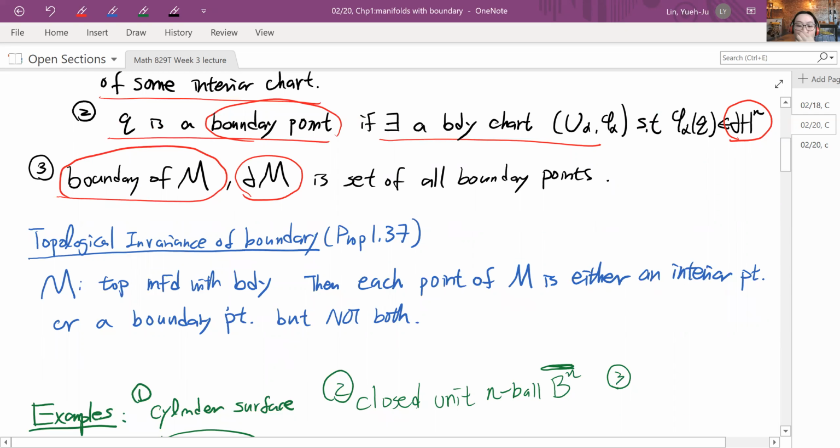As long as you can enlarge your domain a little bit and find another smooth map that coincides with the original one where they overlap, then we can show that this is a smooth map. So please keep in mind that this is what we mean by a smooth map for any open set in Hn from now on. This is the treatment we need for a manifold with boundary.